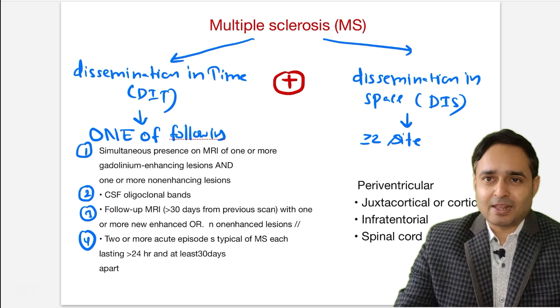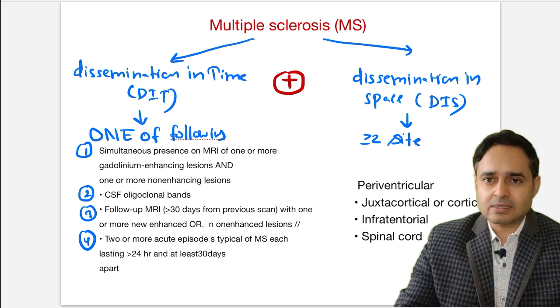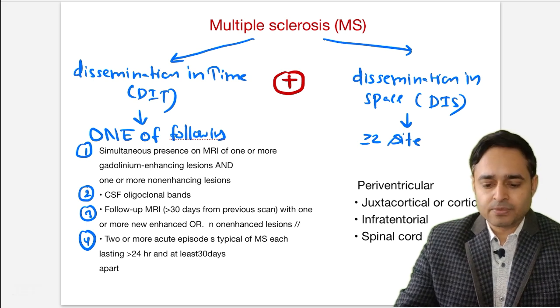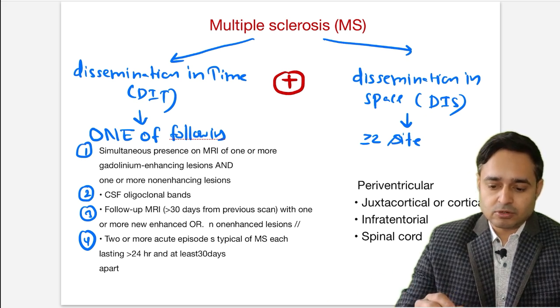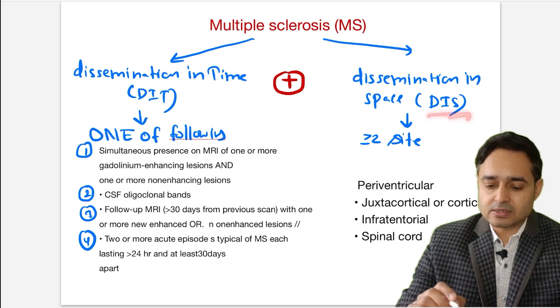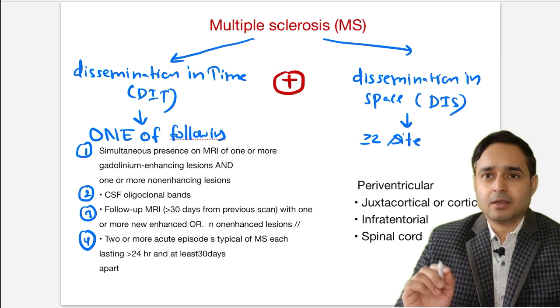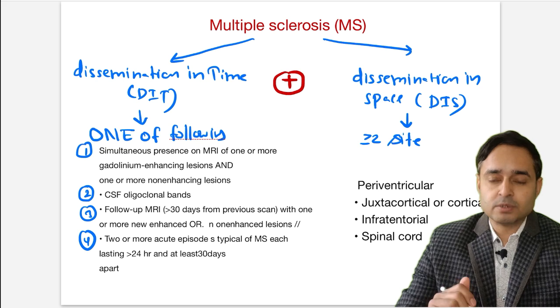Next, multiple sclerosis. We'll discuss MS in brief, not in detail. For definition purposes, multiple sclerosis is defined by dissemination in time, that is DIT, plus dissemination in space, that is DIS. Mark my words, both should be present.